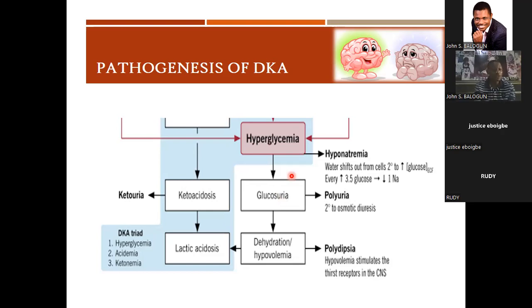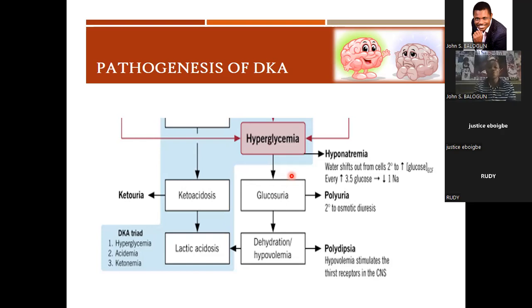But below that level, the kidney has the capacity to reabsorb all the glucose that is filtered through glomerular filtration. But once the plasma level of glucose is above 180 milligram per dl, at that level you will start seeing glucose in the urine, and that gives what we call glucosuria.